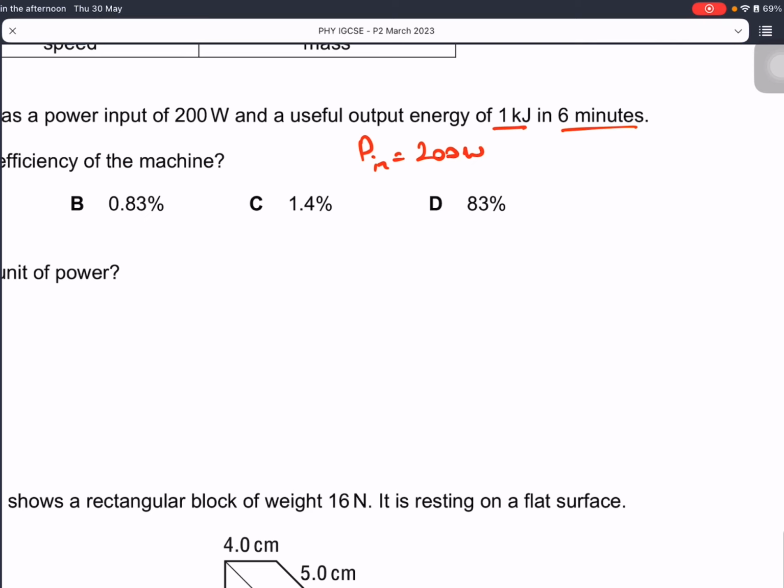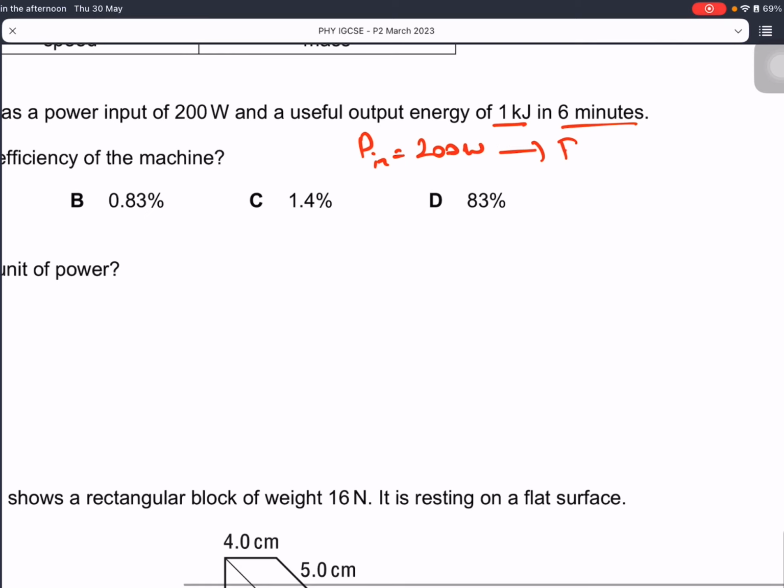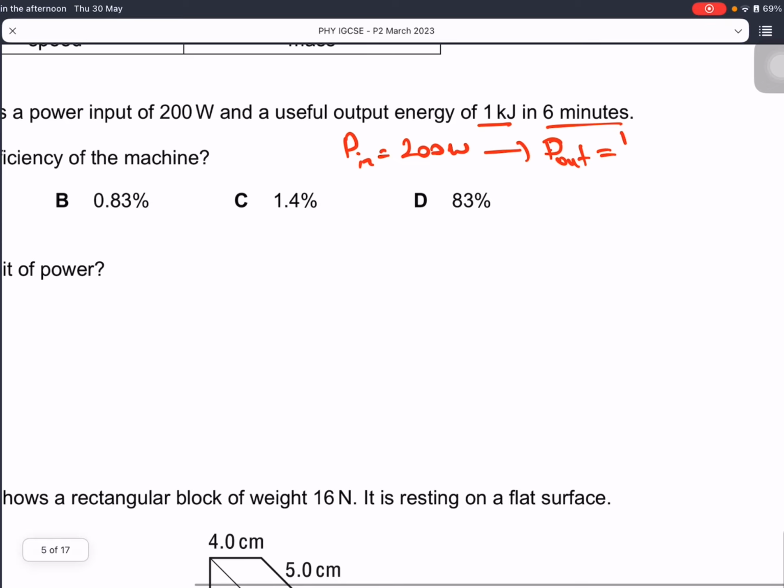In order to find the efficiency, we have to have P output, okay? So how will we find P out? It's not directly given, so we can find it, no problem. Energy over time, this is our formula. So energy is 1 kilojoule, simply 1000 joules, divided by 6 minutes. Time should be in seconds, okay? Don't go with 6 minutes, just go with 6 times 60 seconds.